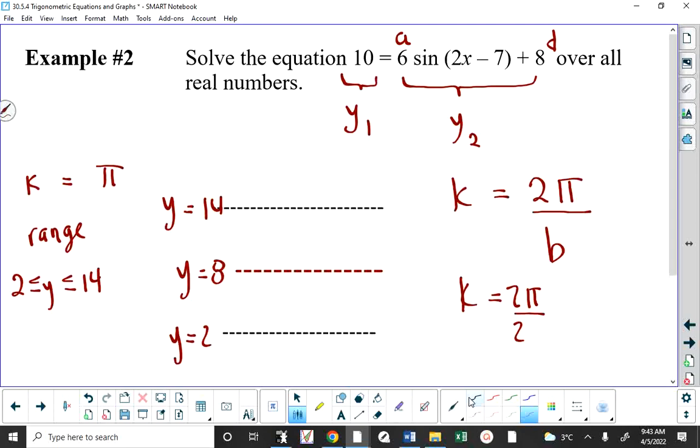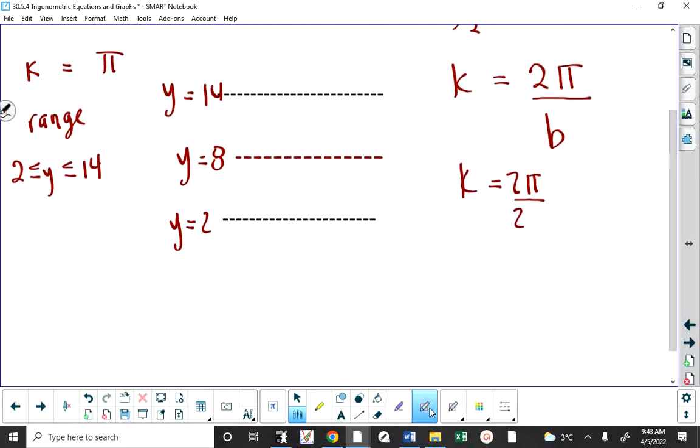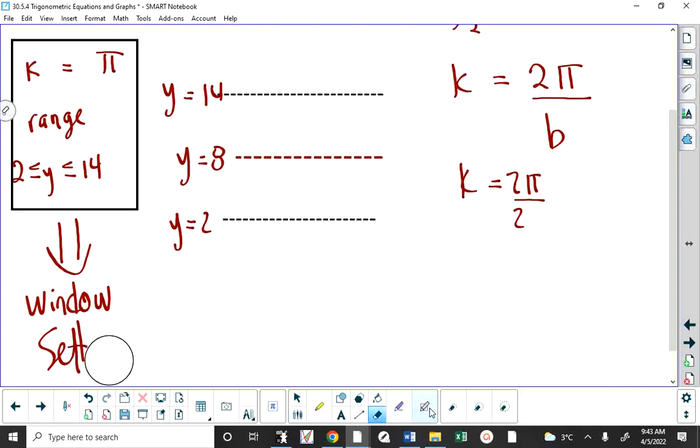We are doing this to lead us to the window settings. If we don't know the period and the range, we can't enter appropriate window settings.